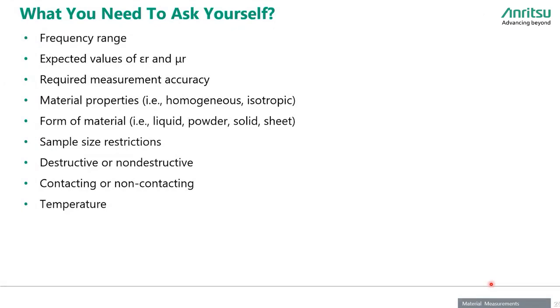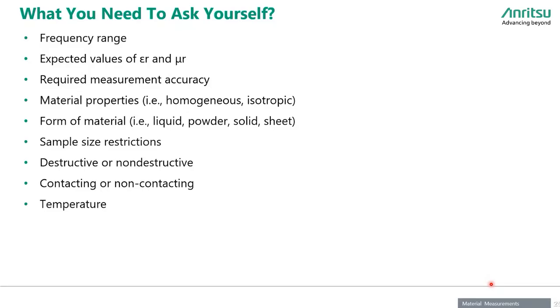After these 3 important points, we have properties like: how is the material property? Is it homogeneous in nature? Is it isotropic in nature? The form of the material, either it is a liquid, powdered, solid, gel, sheet. Then sample size restriction: do we have a restriction on the sample size of the material which we are going to test? Can we go for destructive or non-destructive methods?